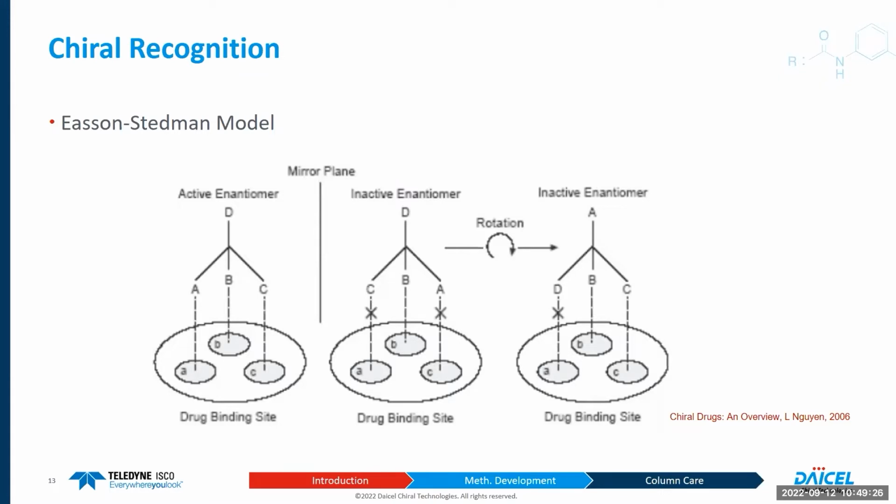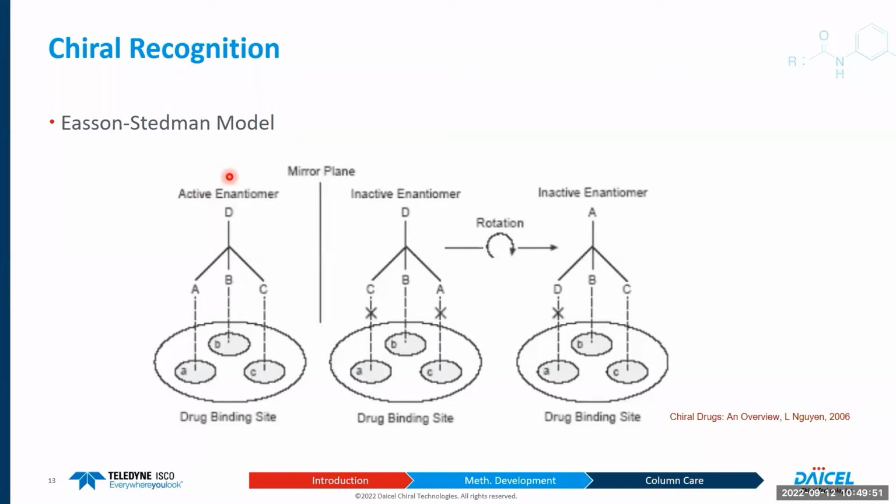So you've got a drug binding site, which you can imagine in our case would be the chiral selector site, which has certain features to it, A, B, C, which can interact with a set of incoming enantiomers. That might be hydrogen bonding, it could be pi-pi stacking, and it could be dipole-dipole interactions. Now you've got your pair of enantiomers.